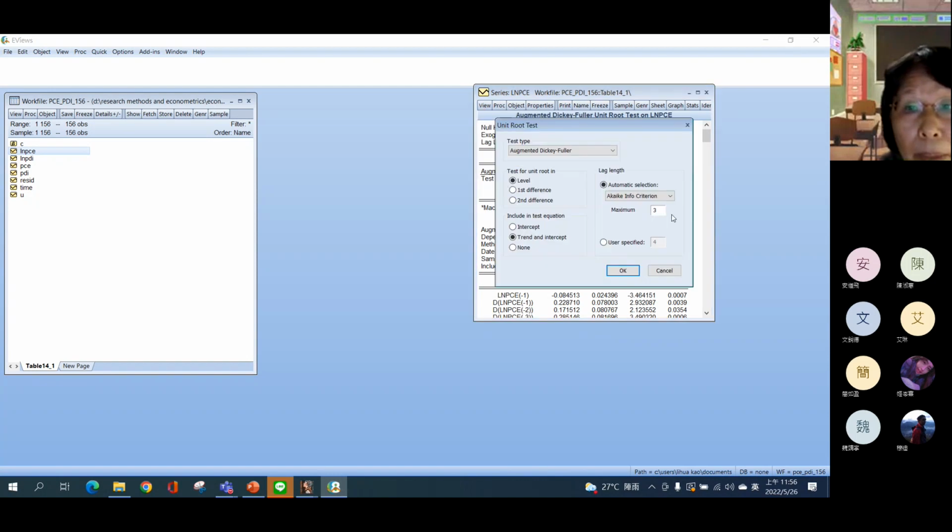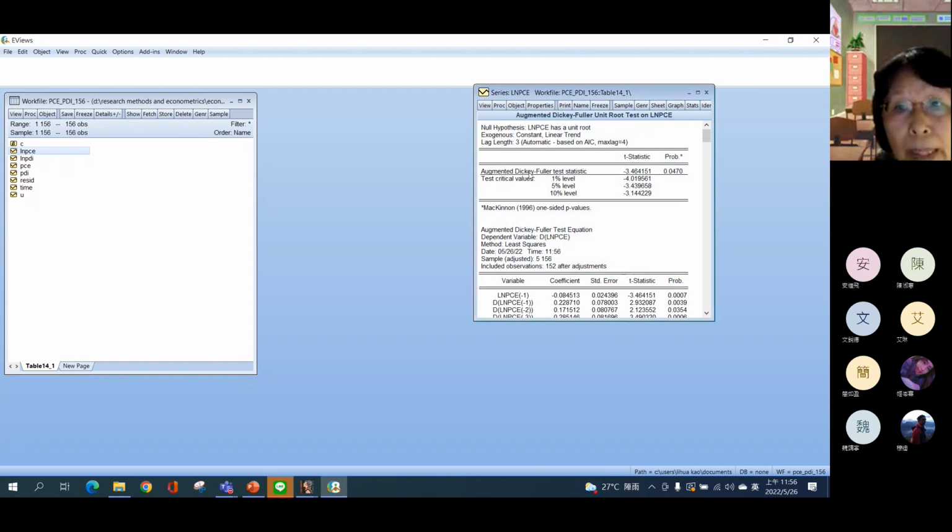Then I try 4, but again the result is the same as 3. So if I put 1 or 2, it's non-stationary. But if I put 3 and 4, it becomes stationary.